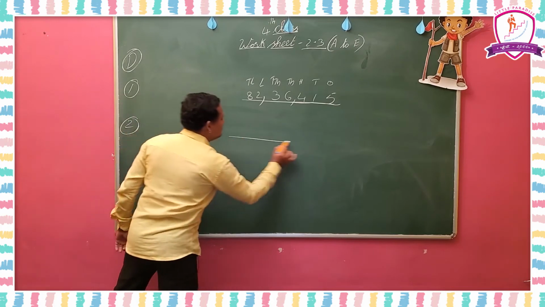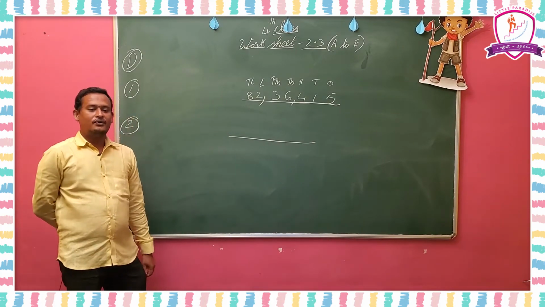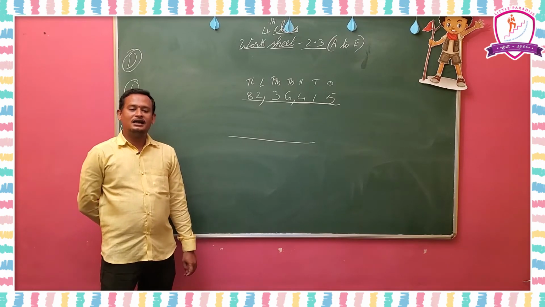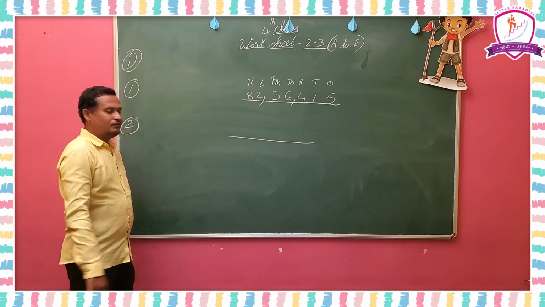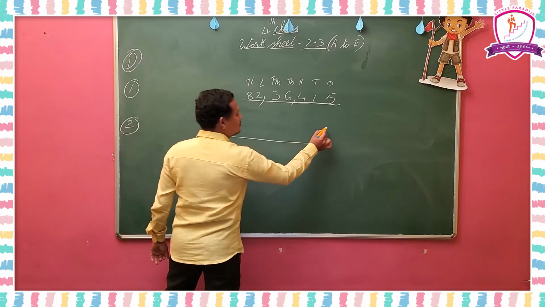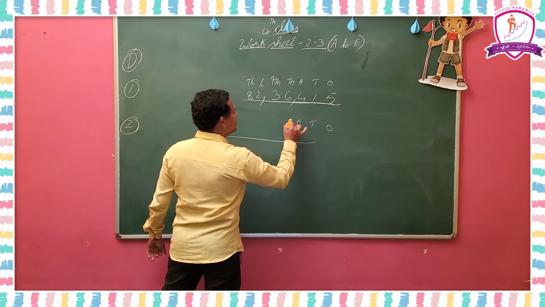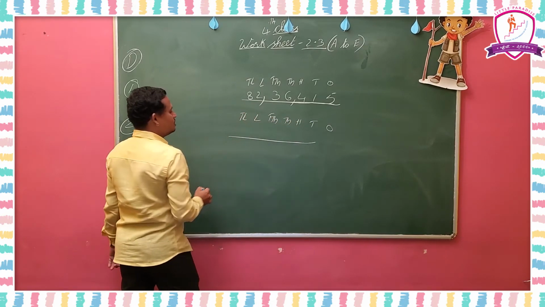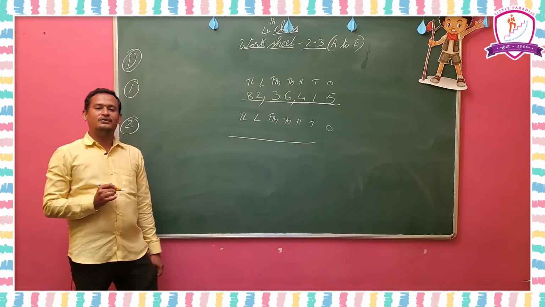Read the second one: 40 lakhs 82,901. Here 40 lakhs means up to the 10 lakhs place, again you have to write the places: ones, tens, hundreds, thousands, 10,000s, lakhs and 10 lakhs. So here what is the highest place? 40 lakhs.